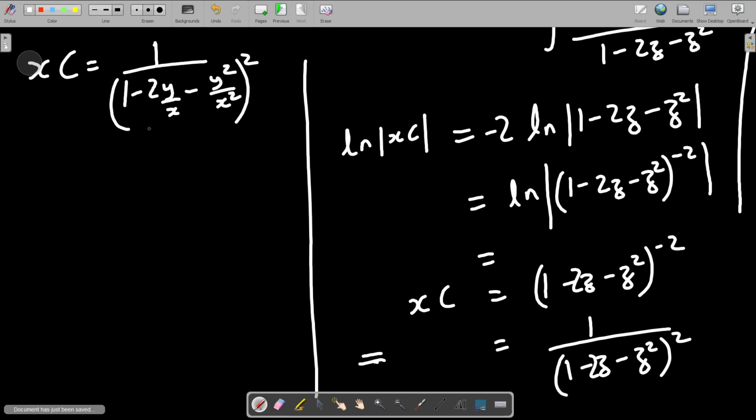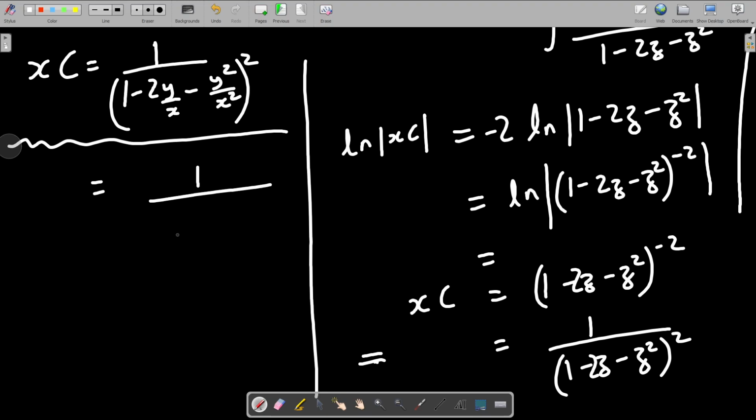You can take that x square out common. The problem is over at this stage, so if you are not so good at simplifying terms, don't proceed beyond this point. You can stop here, but if you want, you can try it out further. This will become x square minus 2xy minus y square, the whole thing upon x square.